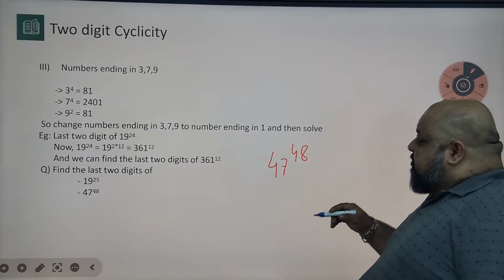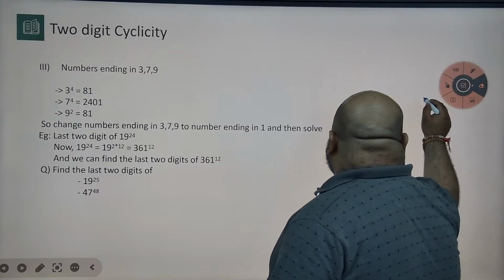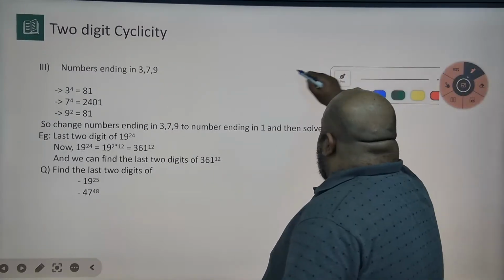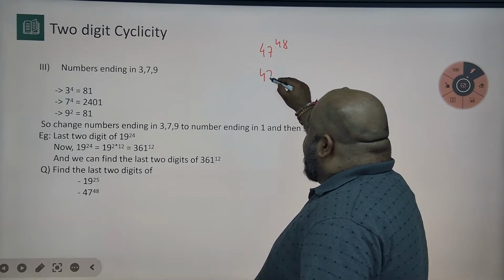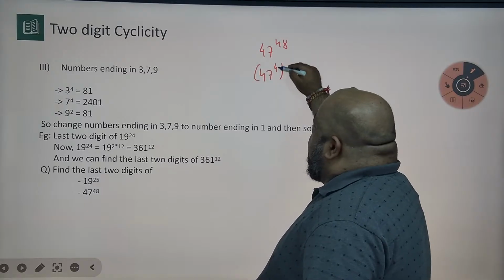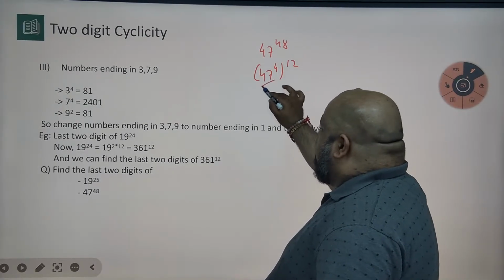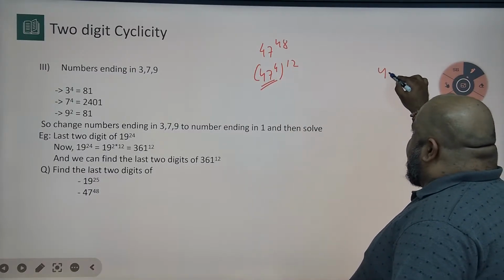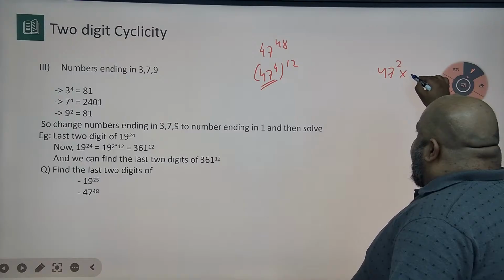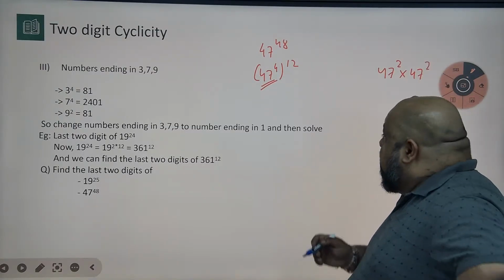So for 47 raised to power 48, what I'll do is I take the 4 inside. 48 by 4 is 12. Now I have to calculate the last two digits of 47 raised to power 4. So I calculate the last two digits of 47 squared, and then we'll multiply it by the last two digits of 47 squared, which will be the same.